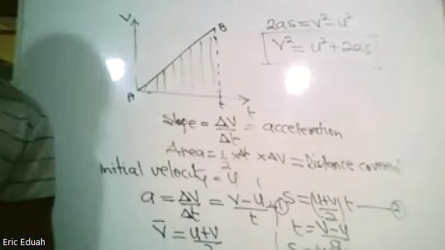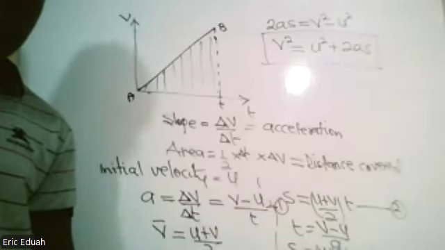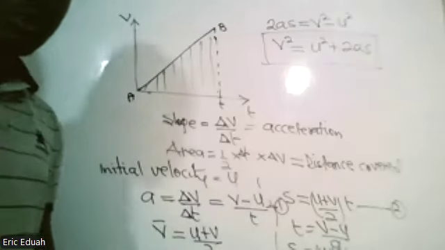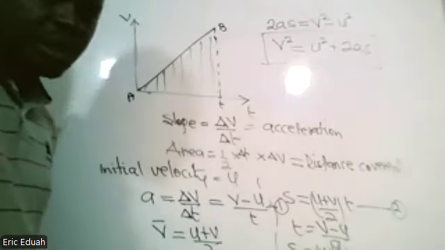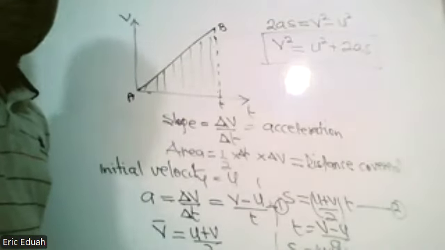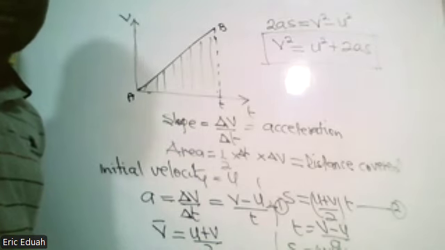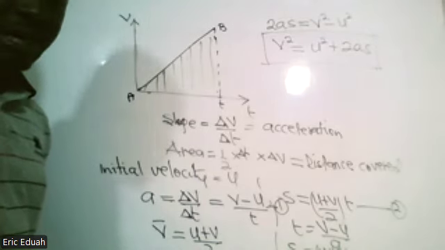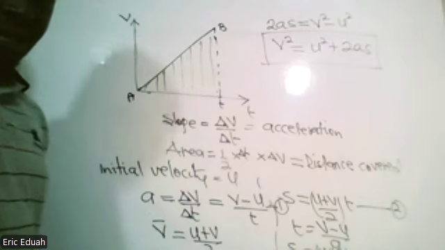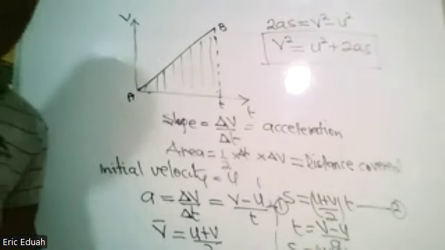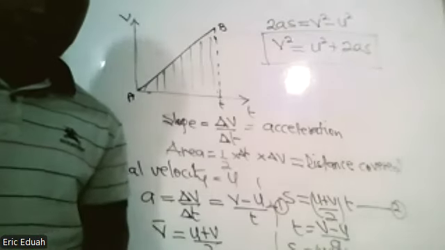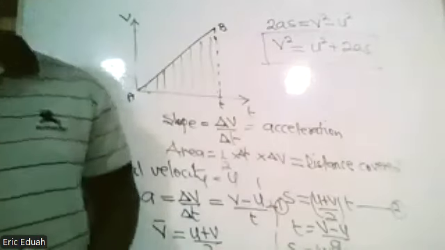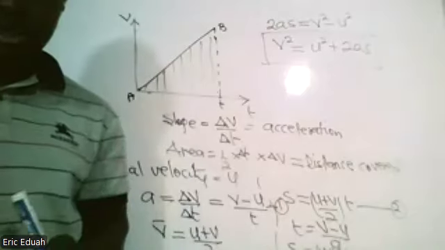The concept of average velocity is total distance traveled over total time taken, which is also equal to initial velocity plus final velocity, all divided by 2. You equate them, make t the subject in equation 1, and you just play around the equation, you are good to go. Can we continue if you don't have any questions?